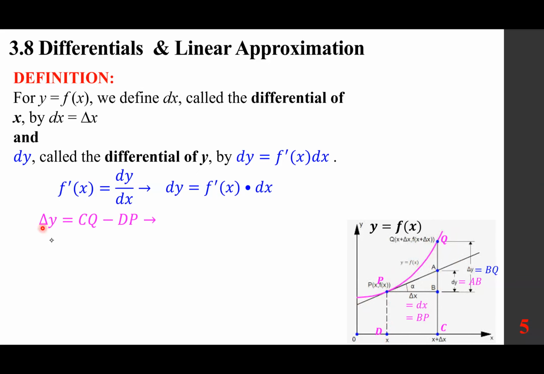So delta y, the change in y along the curve, equals this distance BQ, and it's f of x plus delta x. f of x plus delta x is this distance, CQ. And f of x is this distance, DP. So f of x plus delta x minus f of x is delta y precisely.